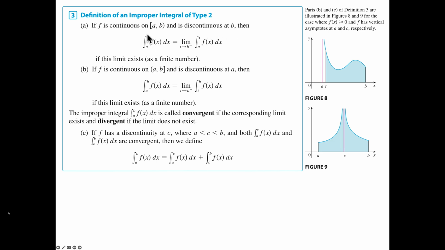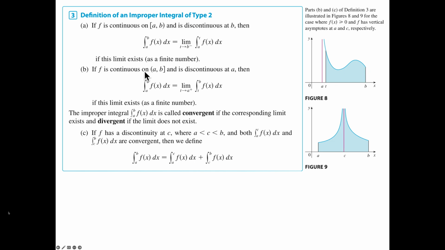Then if you try to find the integral, now we're going to have to put t in for b because that's where we're discontinuous. And now we have to take our limit as t approaches b from the left side. So if we're saying that this is some kind of vertical asymptote, you have to approach b from the left, not from the right, only from the left.